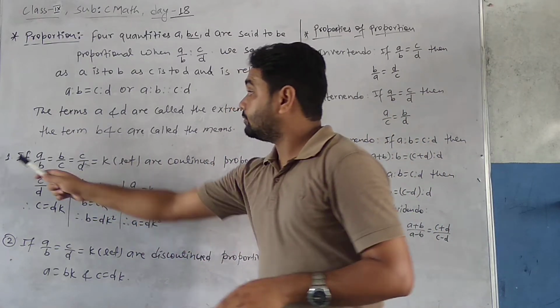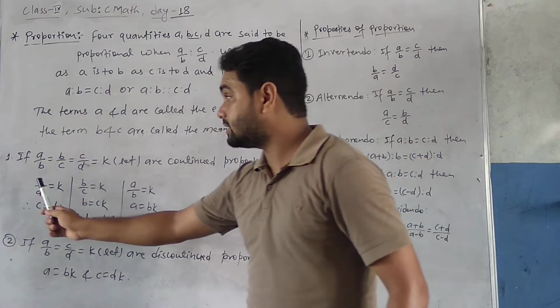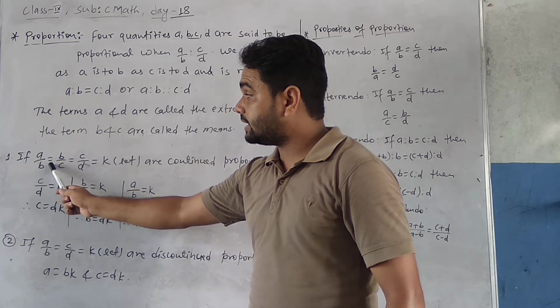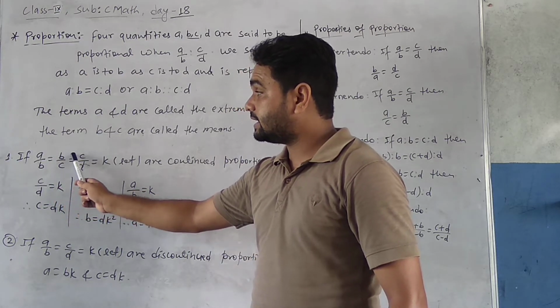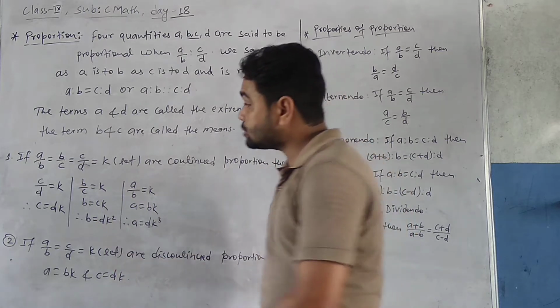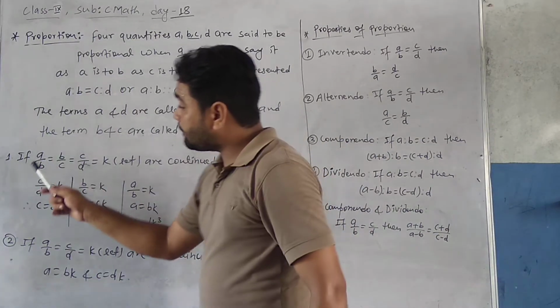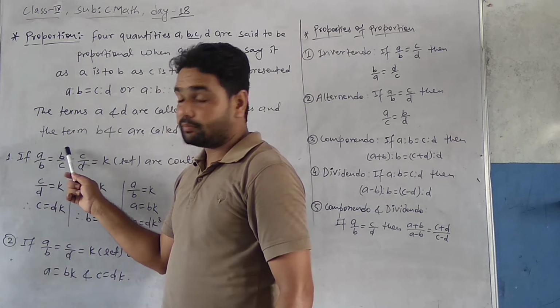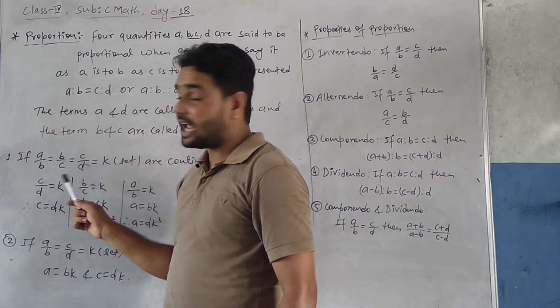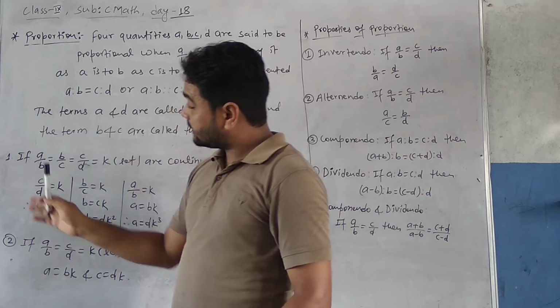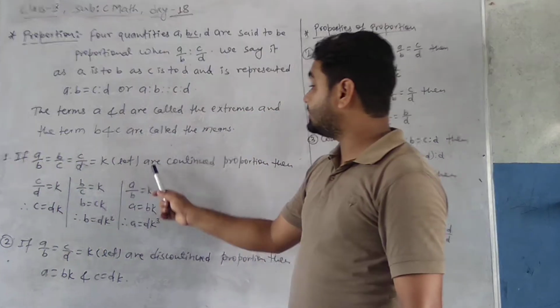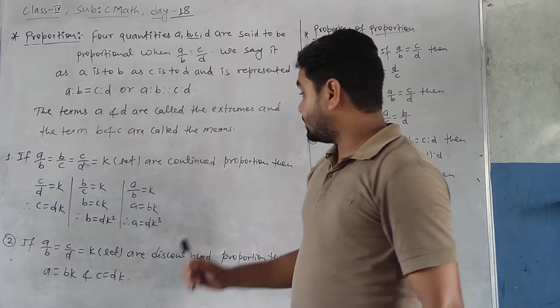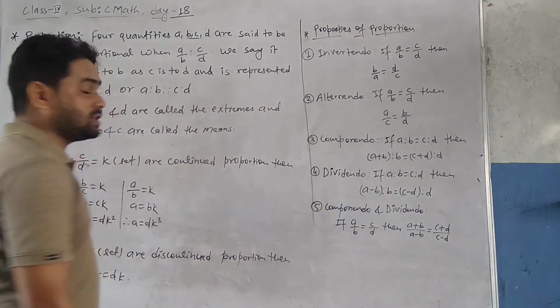Now, if A upon B equals B upon C equals C upon D, that means B is the denominator in the first ratio and the numerator in the next, and C likewise. Such a type is called a continued proportion.